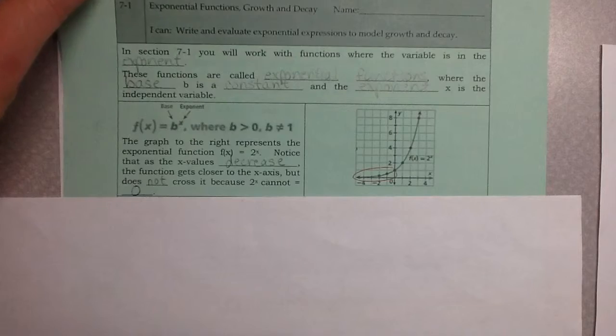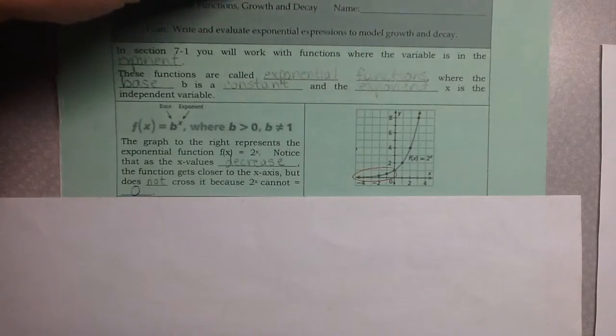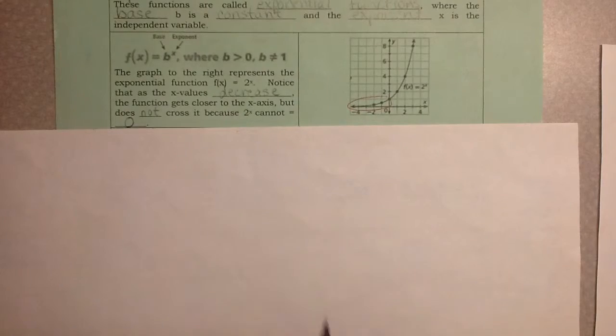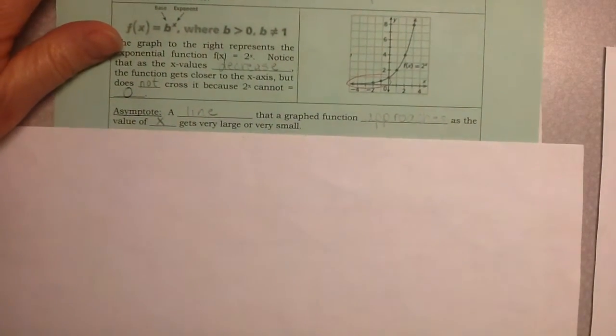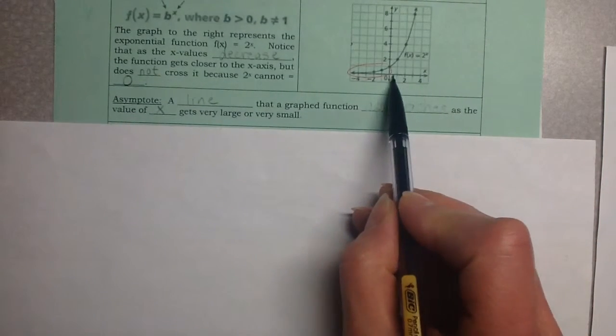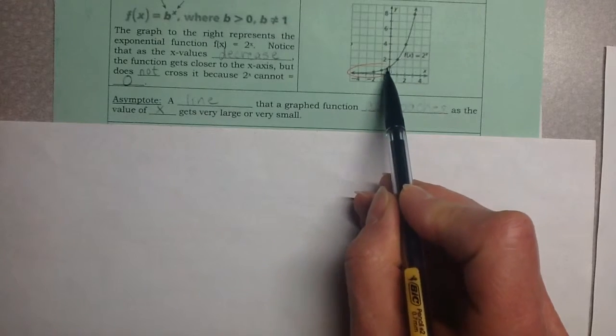You can try that on your own and see if you can find a value for x to make 2 to the x equal to 0. An asymptote is a line that a graphed function approaches as the value of x gets very large or small. So the x-axis here would be our asymptote. The function is approaching it, but it's not crossing over it.